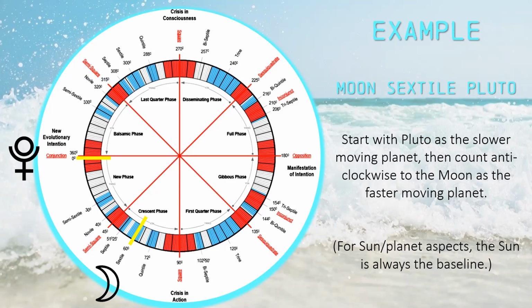So in this case, if Pluto and the Moon were in this position, you would see a crescent phase sextile. Are there any questions about how to determine a Pluto aspect in terms of calculating the degree of separation?